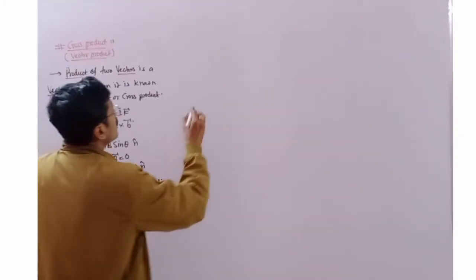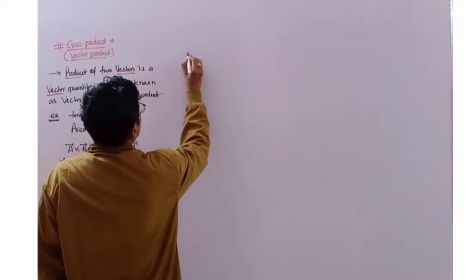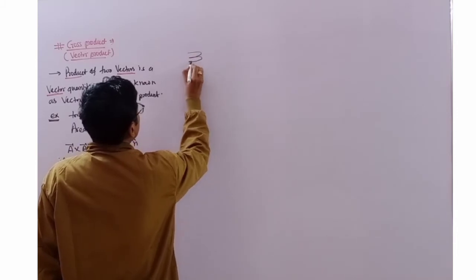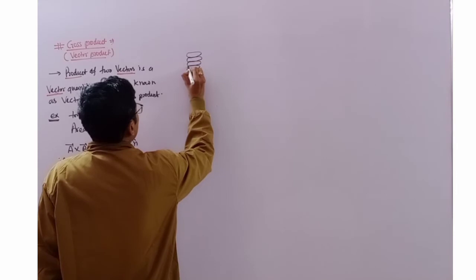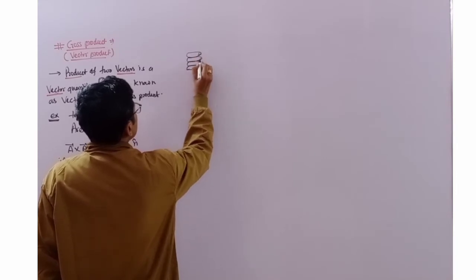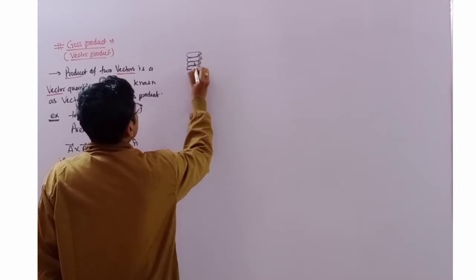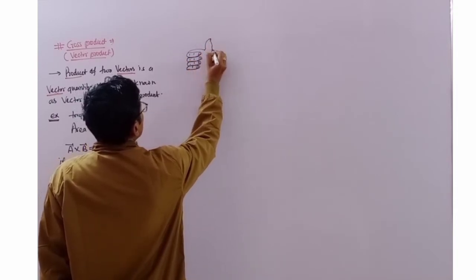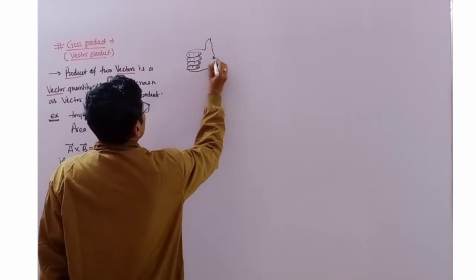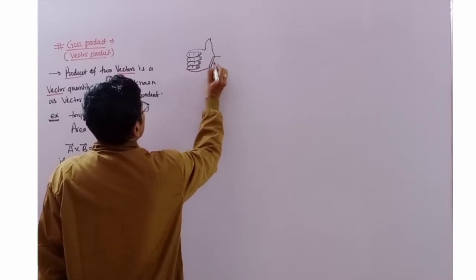What about this rule? If we consider a right hand such that its thumb is stretched and the fingers of the right hand are folded like this, I am drawing this. This is the thumb and this is the right hand.